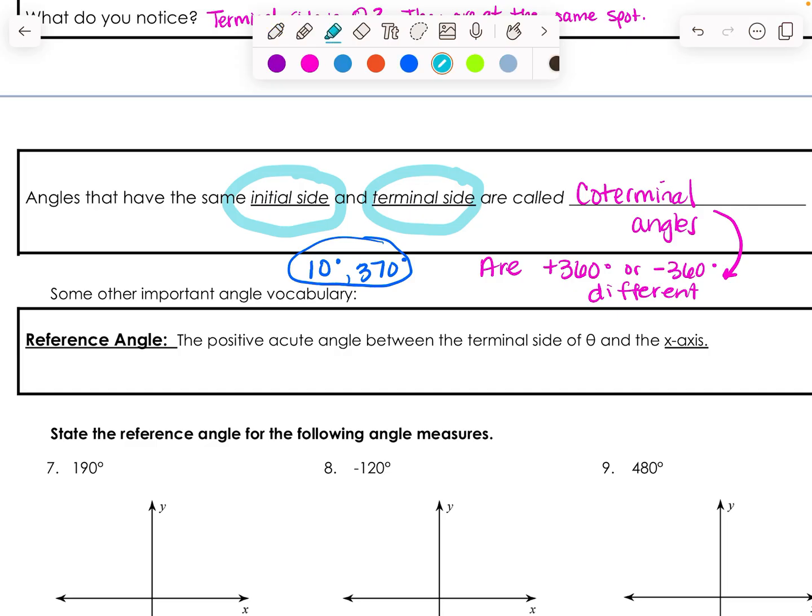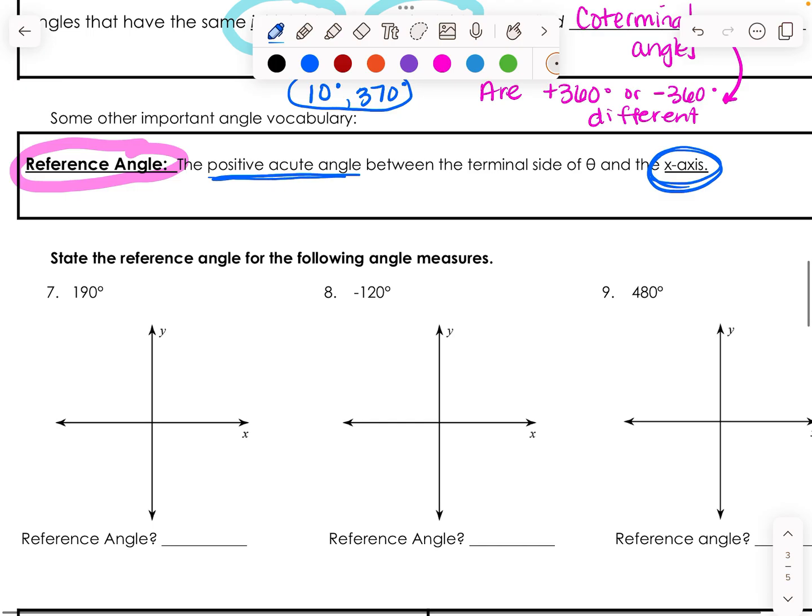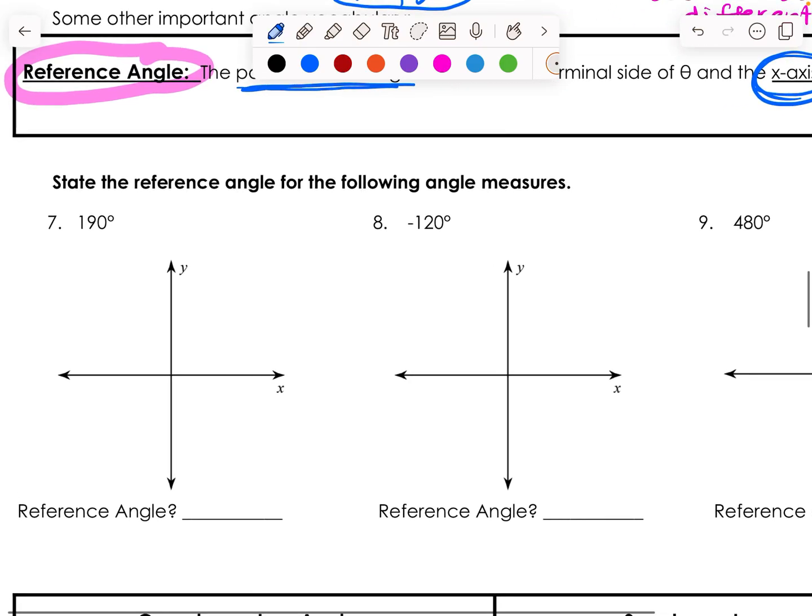Another one that's going to come up is a reference angle, and it's a positive small angle between the ending and the x-axis. X-axis always. So when you're asked for a reference angle, we always want to go to the x-axis. I want to know where the angle is first.